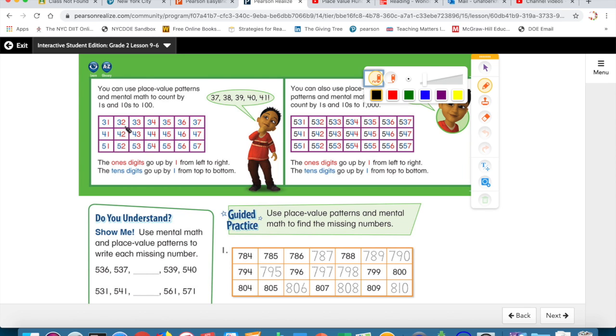Looking at these numbers, there's a number in the ones place and a number in the tens place. And so when we're looking at the ones digit, we go up by 1 from left to right. So if you're at the number 31, and you go from left to right, your ones place digit always goes up by 1. If you look at the ones place digit, it's a 1 here.